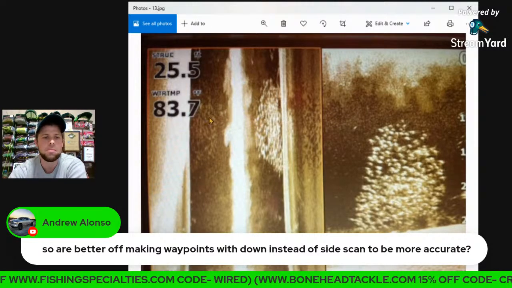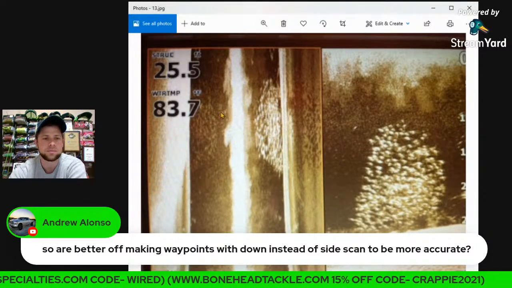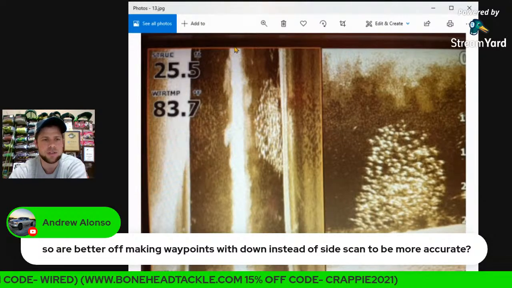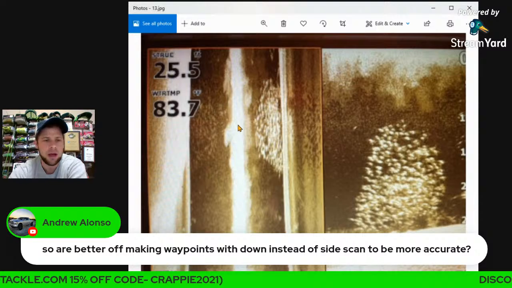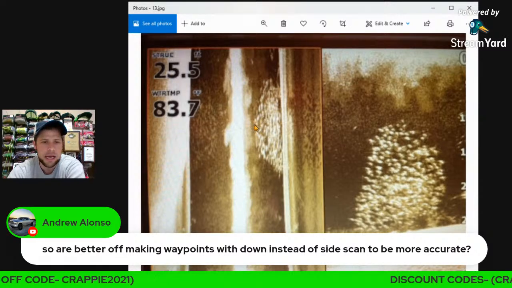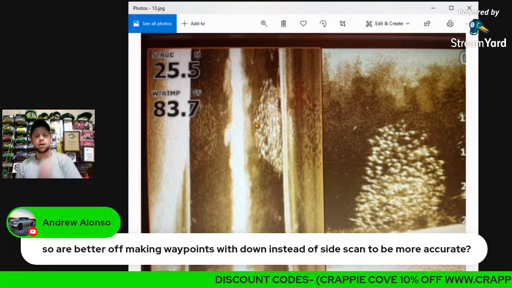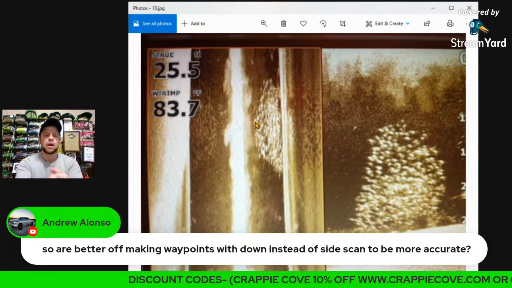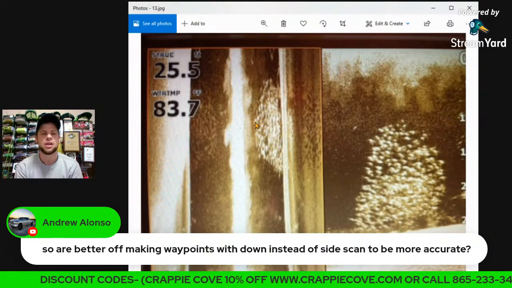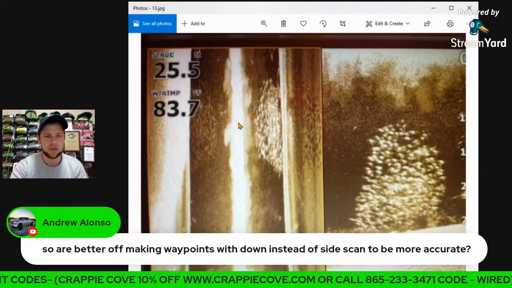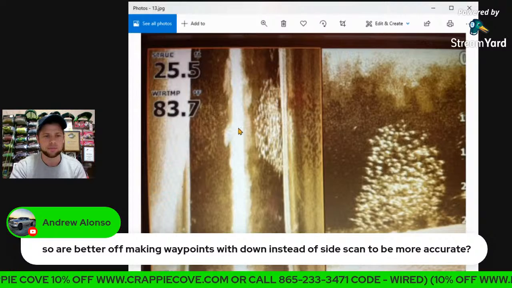Now, if I was going to mark this group of fish, Andrew, I'd start my cursor, bloop, it'd come down, the screen would pause, I'd move it over, and I'd mark the top of that pile right there. Where my cursor is right now is where I would put my waypoint on those fish, because this is center of the boat, this is transducer.